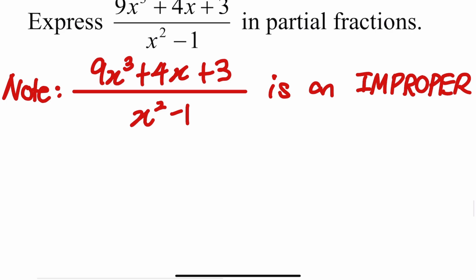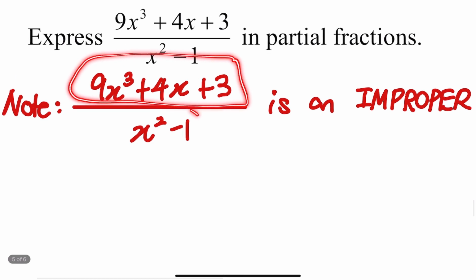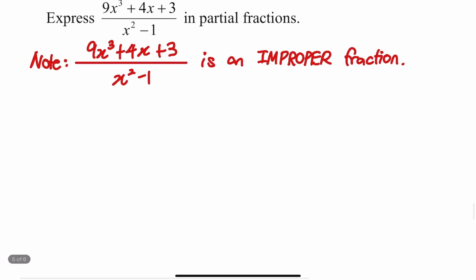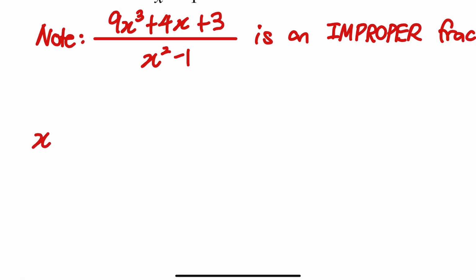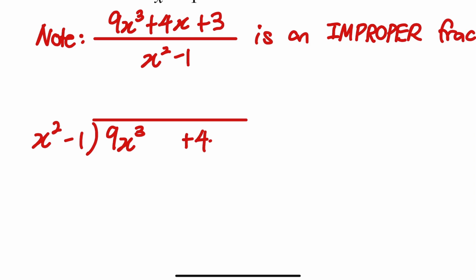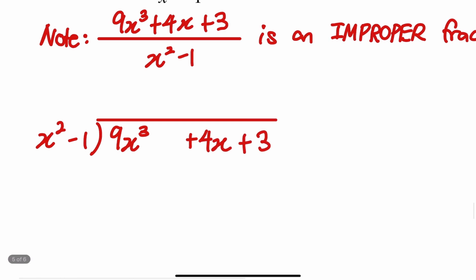I'm dividing this numerator. This is my divisor. So by long division, I can write x squared minus 1. This is my divisor. I'm dividing 9x cubed plus, because there's a missing x squared, I'll leave a space, plus 4x plus 3. In order to get 9x cubed, I'll multiply by 9x.